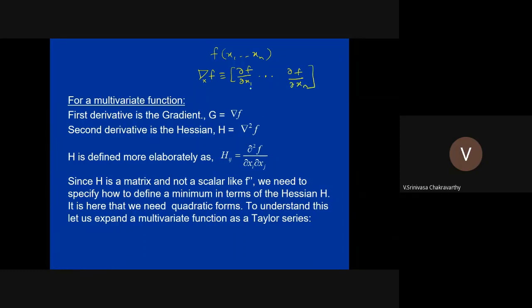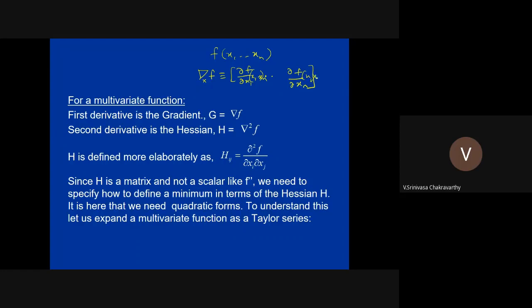This is called the gradient and is denoted by del with the subscript x, which defines the independent variable. When it comes to the second derivative, since the second derivative is a derivative of the first derivative, and if f is a function of n variables, each of these functions is also a function of n variables.